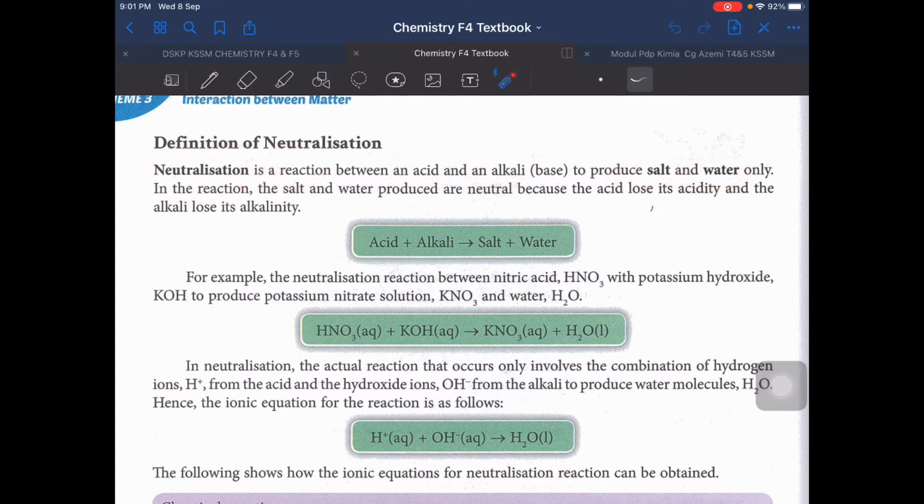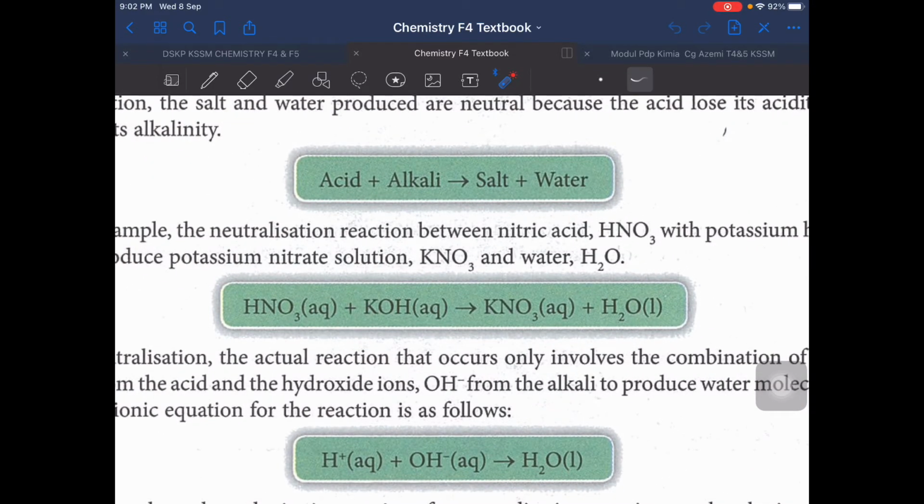In this reaction, the salt and water produced are neutral. This is neutral because the acid loses its acidity and the alkali loses its alkalinity. Both have lost their acidic and alkaline properties, and when combined they become neutral, in the form of salt. For example, the neutralization reaction between nitric acid, HNO3, with potassium hydroxide, KOH, produces potassium nitrate and water.